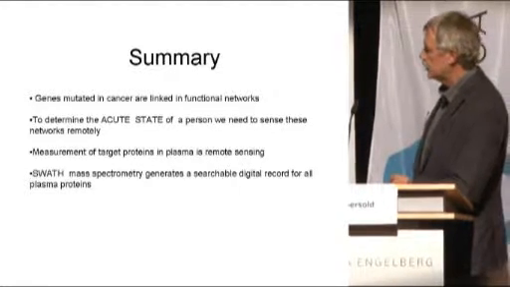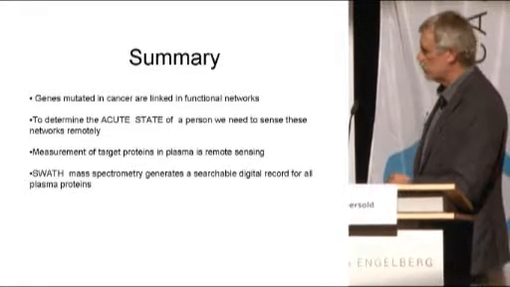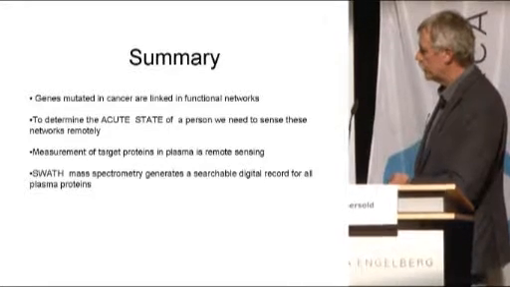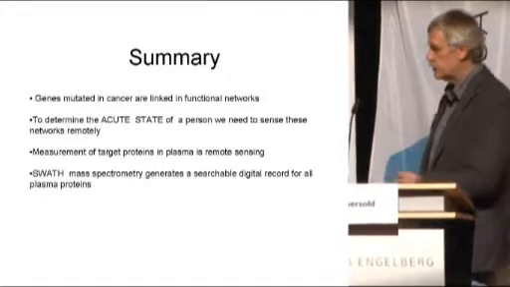We would like to determine the acute state of a person, so we need to sense these networks remotely. We propose to do this by measurement of target proteins in plasma, basically a form of remote sensing of the various tissues. And this new form of mass spectrometry is a technique that generates a searchable digital record for essentially all the proteins in a sample.